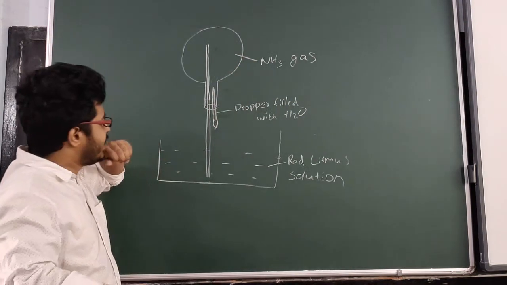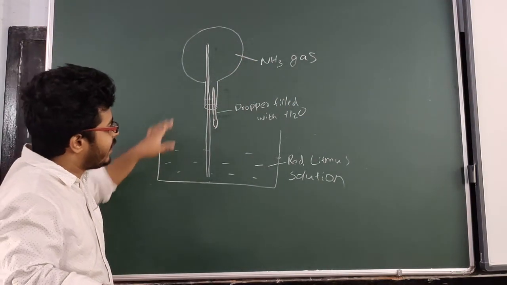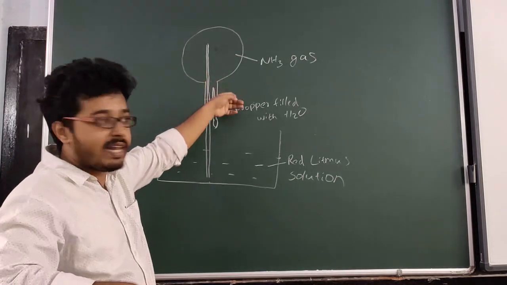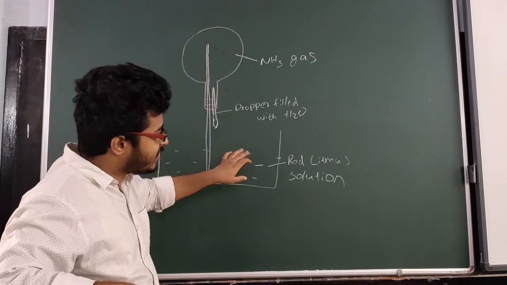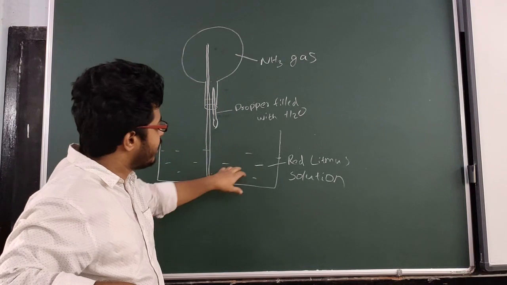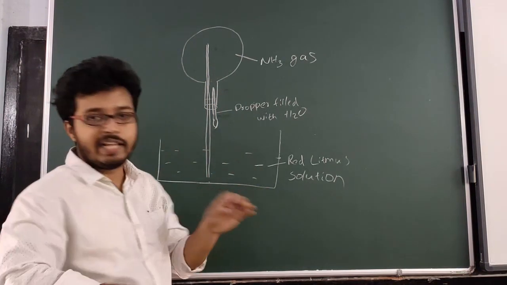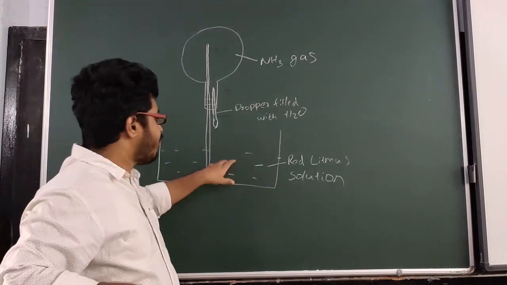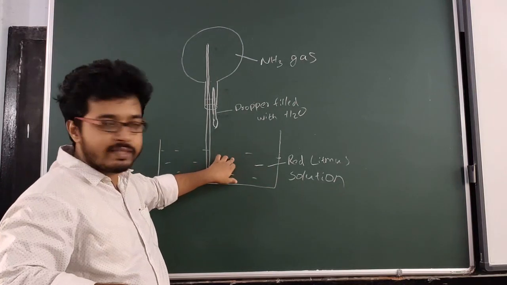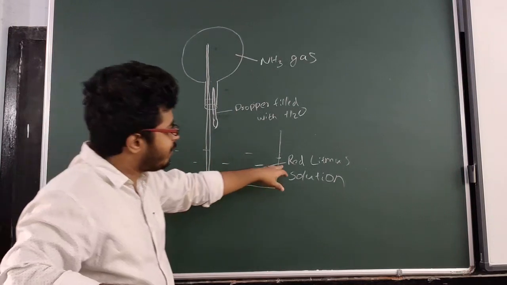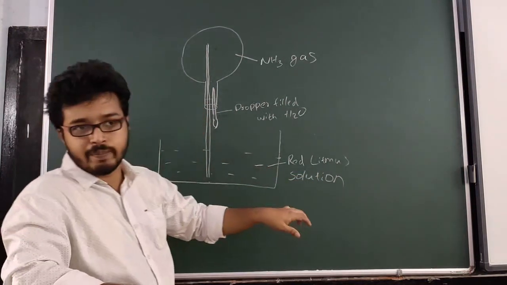There is not much change other than the ammonia gas filled instead of HCl gas, and the last change is in the vessel that is kept below. In the previous case we filled blue litmus solution here. Now for the blue fountain experiment we are supposed to fill red litmus solution.